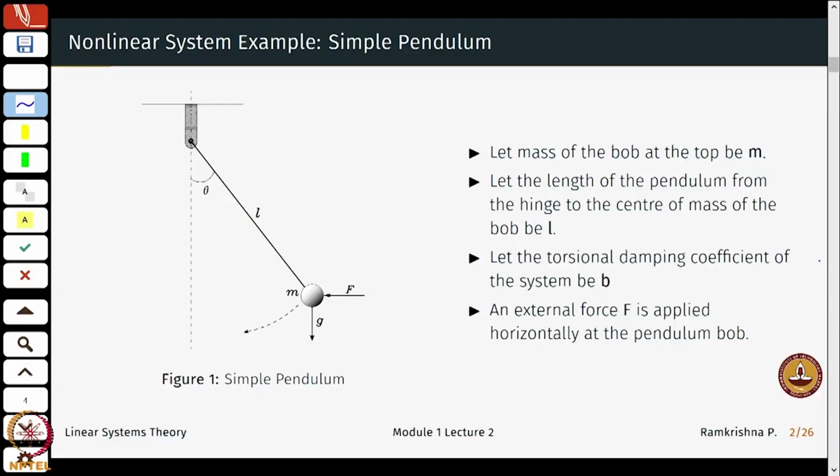Okay, so one of the simplest examples which we encounter even while we do high school physics is the example of a simple pendulum.